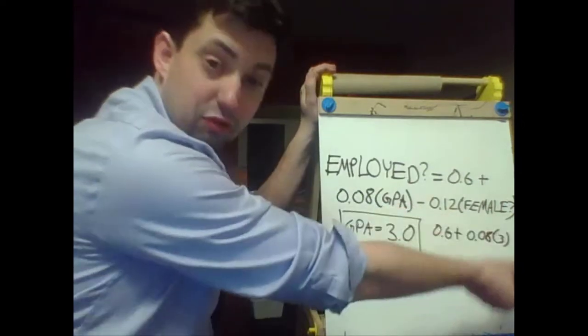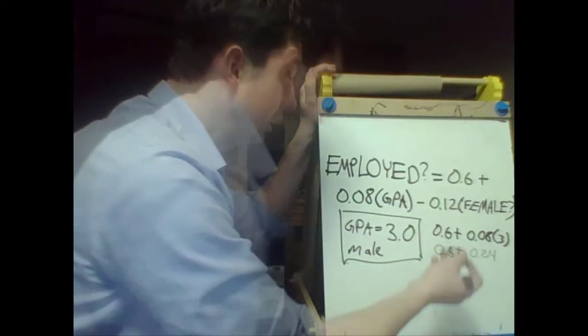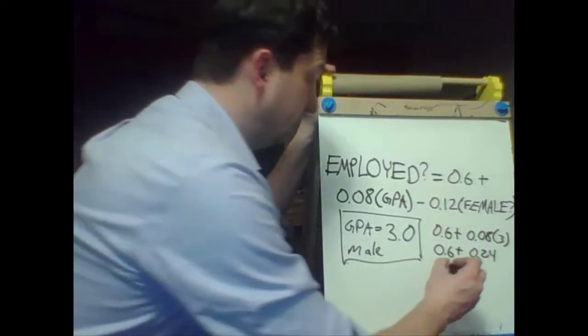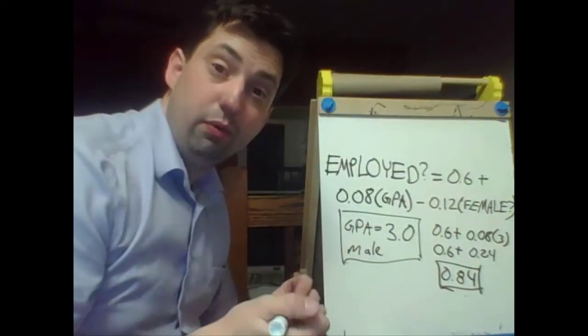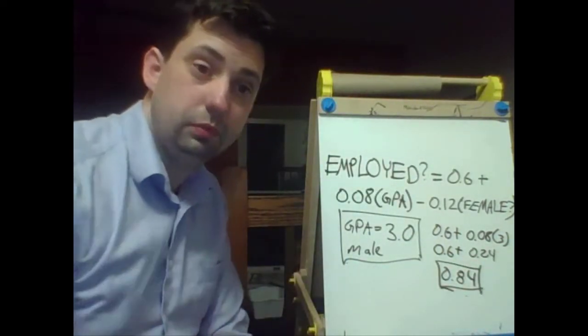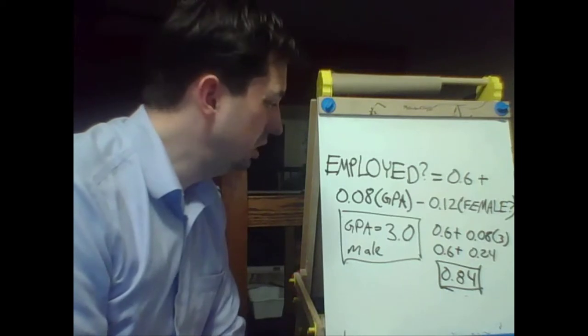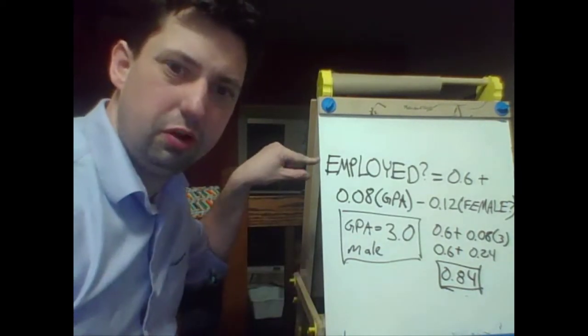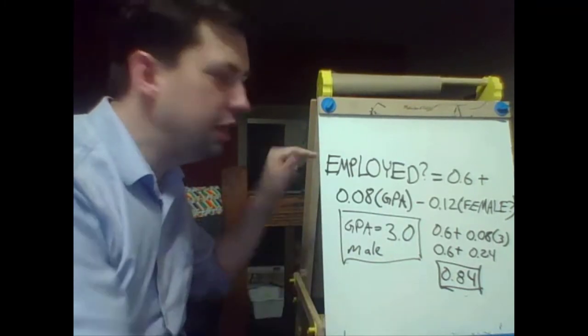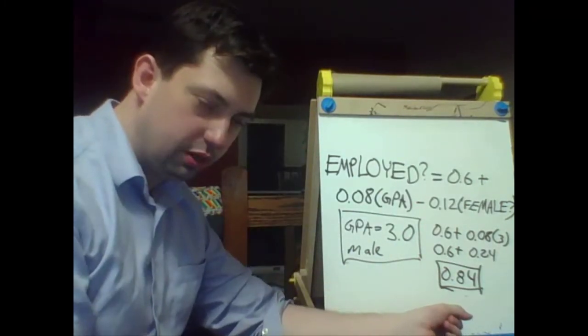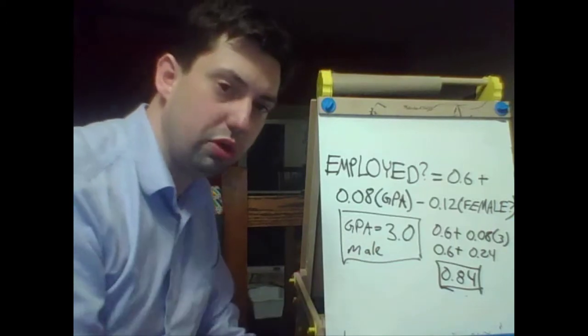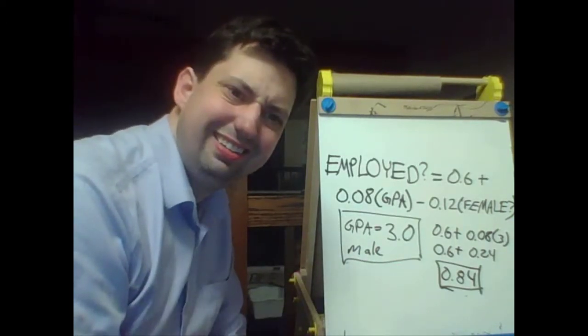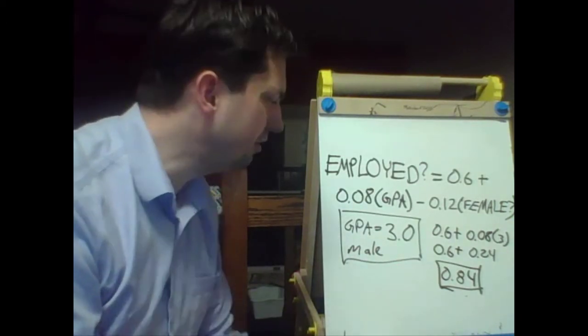Well, 0.08 times 3 is 0.24. 0.24 plus 0.6 is 0.84. Well, how could that be? Because remember, we said dummy variables are either 0 or 1. This is not 0 nor 1. This is between, but it's not 0 nor 1. It doesn't really make sense. How can that be possible?